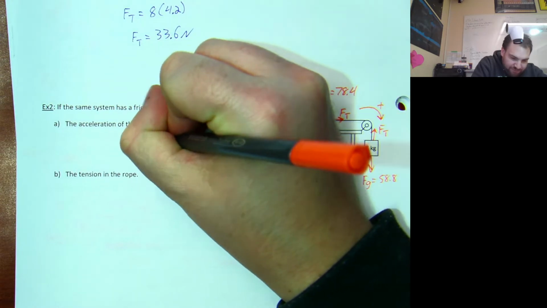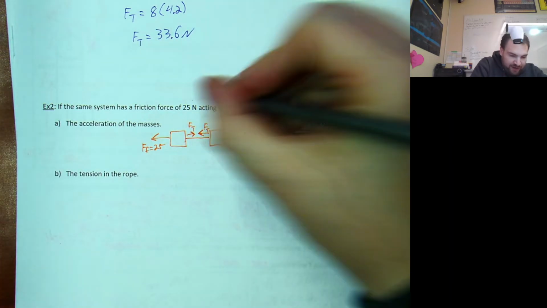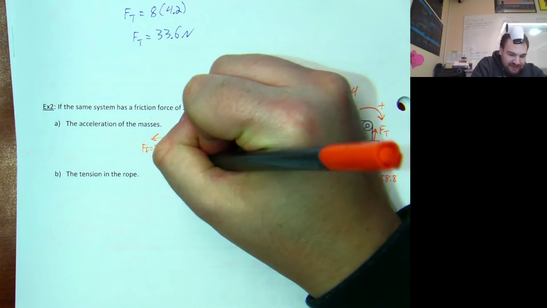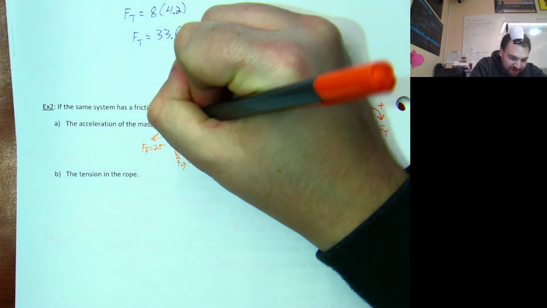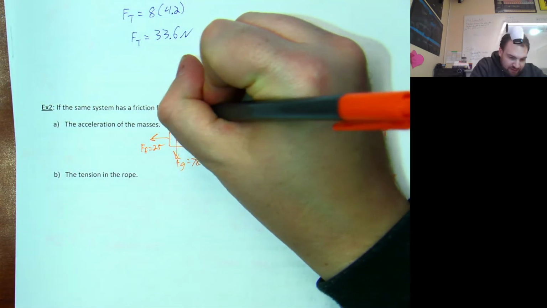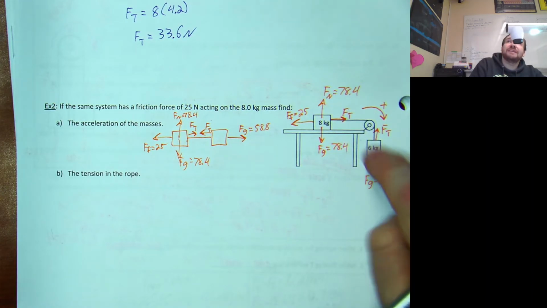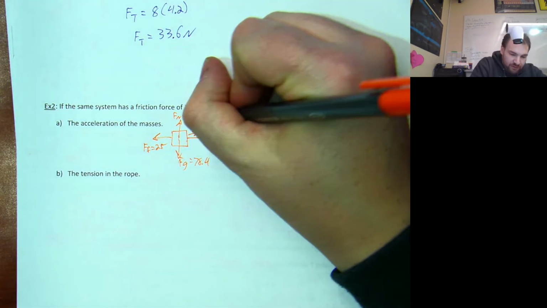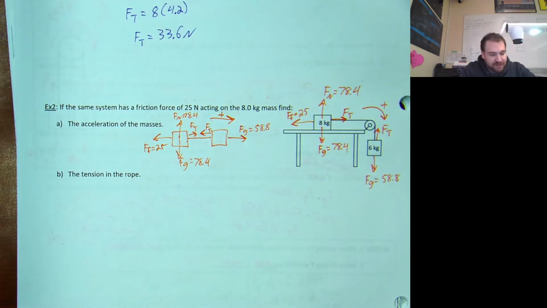And I'm going to have a force of friction of 25 newtons acting that way. I've got FG acting down that way of 78.4. And I'm going to have an FN acting up here of 78.4. And we said if over and down was positive, because that's the way this thing wants to move, in my redrawing of the system, that direction is positive.